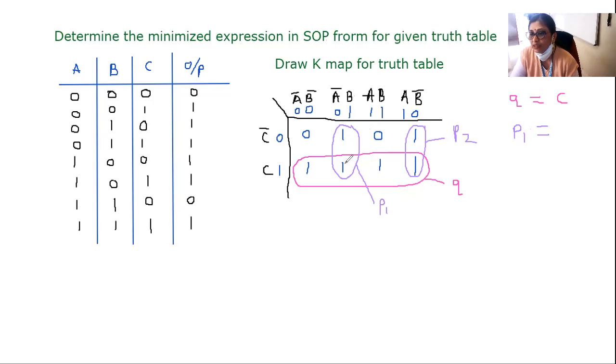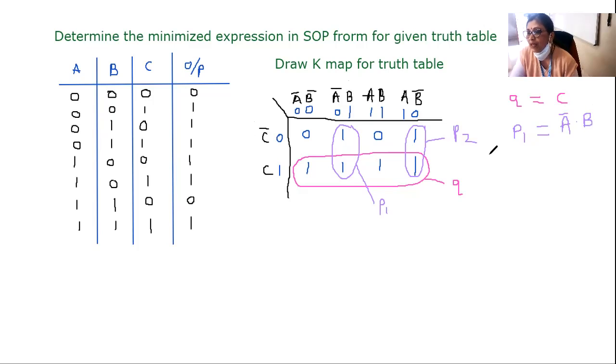There is no change in the value of A and B. There is only change in the value of C, because if you go from this point to this point, C bar becomes C. Therefore, we have to eliminate or drop this variable. So C is cancelled. Okay. So what remains here is A bar B. So P1 is equal to A bar dot B.